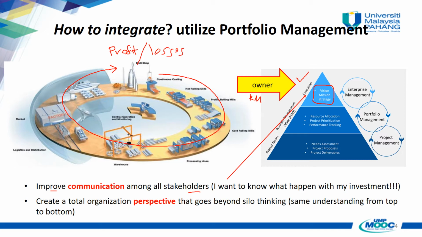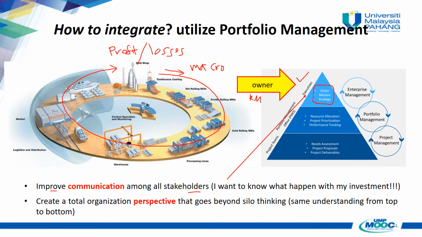So the owner wants to know, and the executive level also wants to create a total organization perspective that goes beyond silo thinking. They will see all of this production or mill or industrial activity in a macro way.